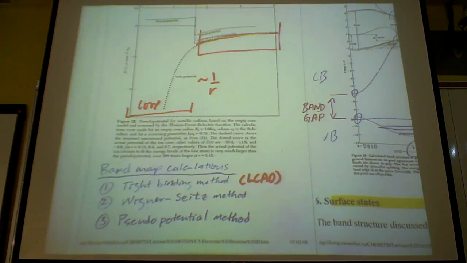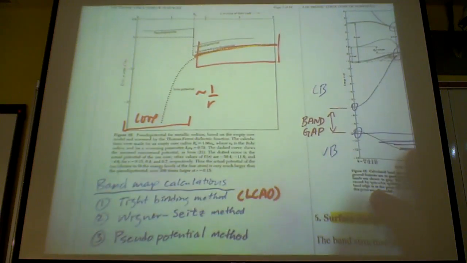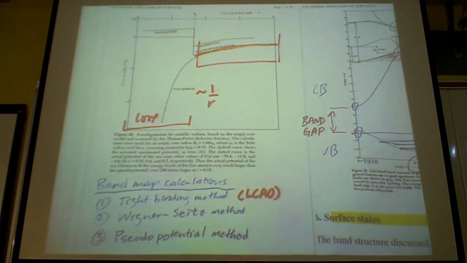I don't want to go too deeply into these discussions because if you're a theoretician, you'll be interested in them. But if you are an experimentalist, you should be aware of what the nature of these band structure calculations consists of. So I'll tell you roughly, qualitatively, what these are.